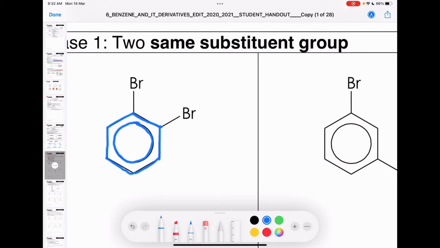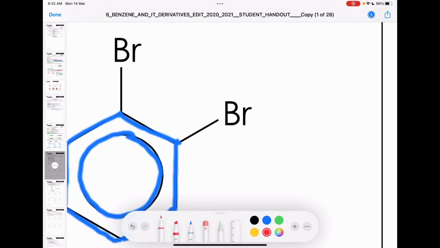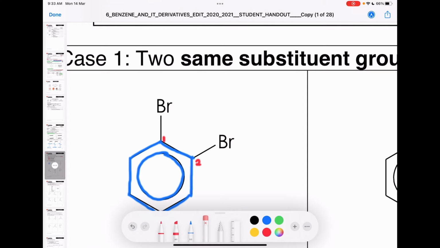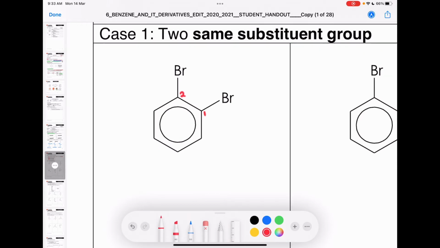Now, we have 2 substituents here, so we can say that this is the first carbon and this is the second carbon, or vice versa. Vice versa means you can also indicate this one as carbon number 1 or this one as carbon number 2. No problem.